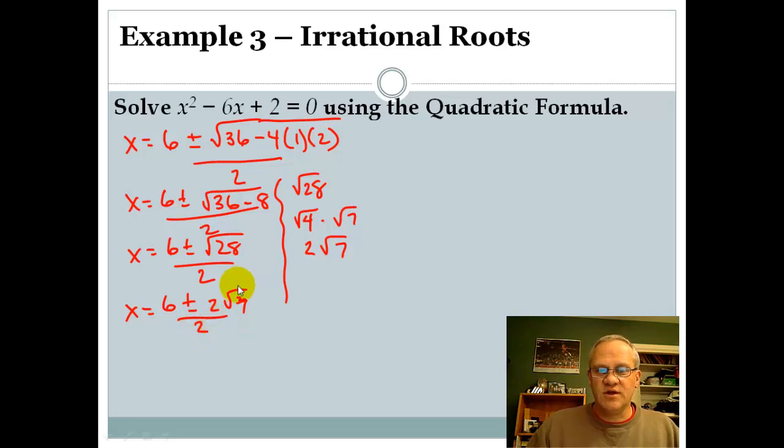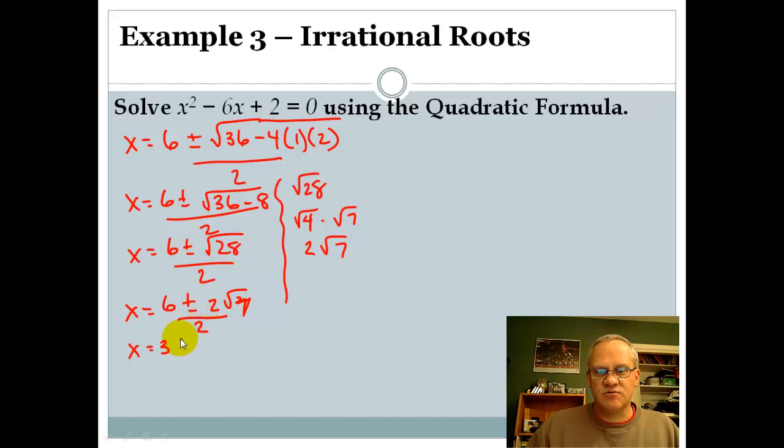All over 2. And then since it's all being divided by 2 here, remember whenever we've got something split up with a plus or a minus here, you can take this part over here, the 6, and divide it by 2, and you can also take this and divide by 2. So 6 divided by 2 is 3, and then this 2 divided by 2, this works the same way. I guess you could say if this was 2 times x over 2, the 2's would cancel here.